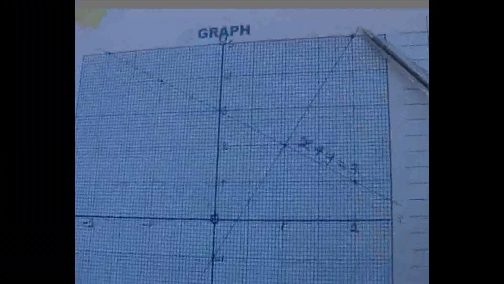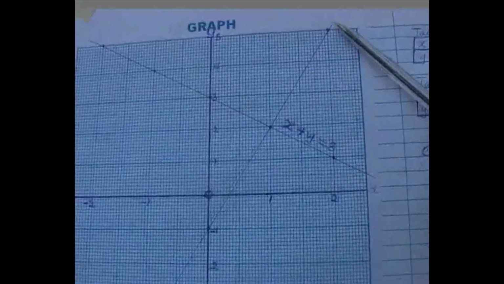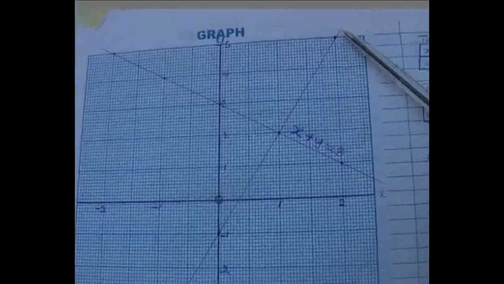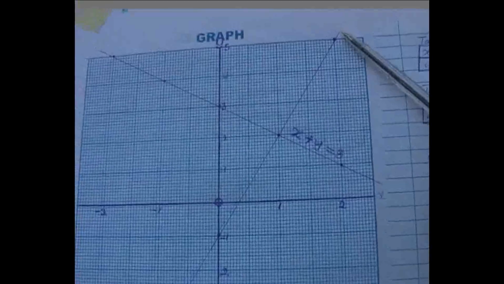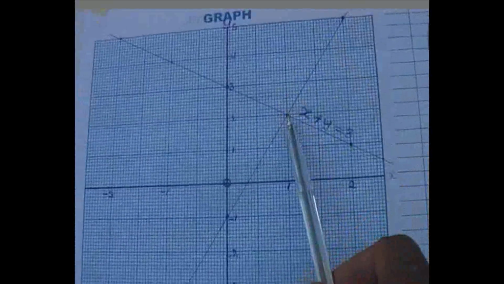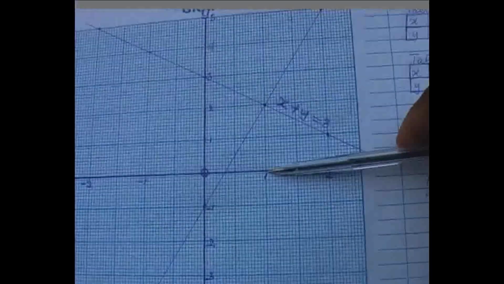Remember I told you that when you draw the two lines, they will meet at a place, and from that place you trace the horizontal value for the value of y, and the vertical value for the value of x.